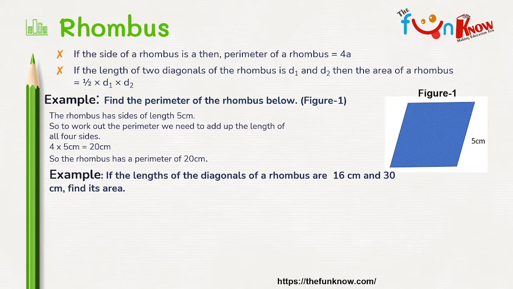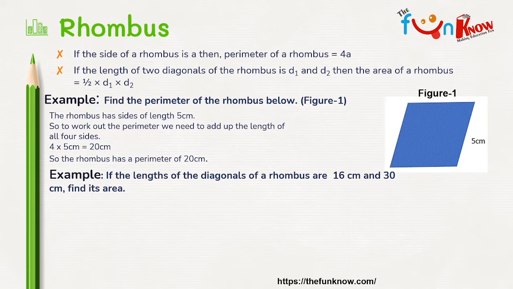Next question, students. If the lengths of the diagonals of a rhombus are 16 centimeter and 30 centimeter, find its area. Students, you have to remember, a rhombus has diagonals, and here they have given the lengths of the diagonals. Diagonal 1 will be 16 centimeter, diagonal 2 will be 30 centimeter respectively, and we have to find the area.